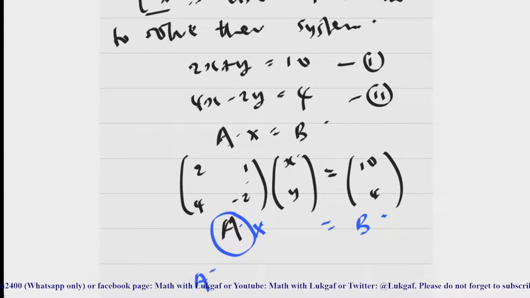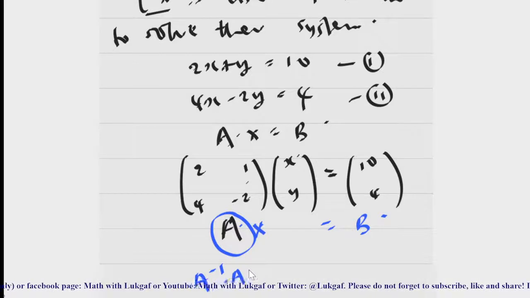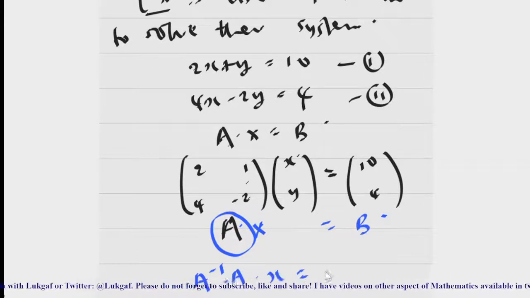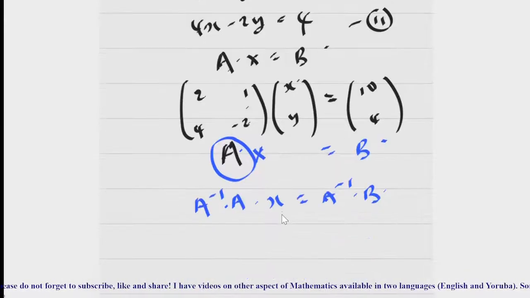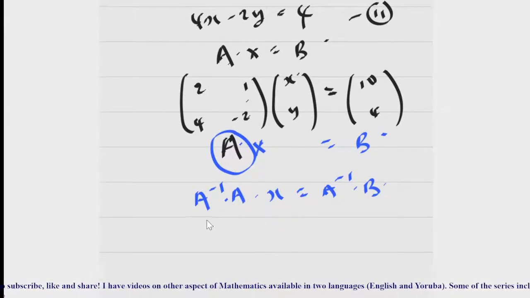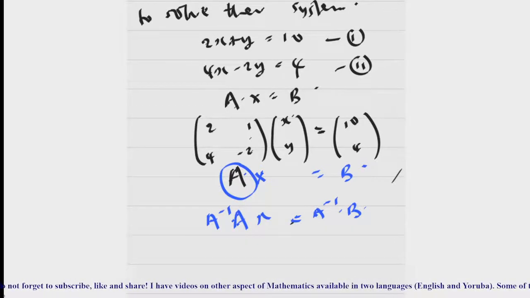The inverse of a matrix multiplied by the matrix itself gives you the identity matrix, and the identity matrix multiplied by X will give you X. So X is equal to A inverse multiplied by B. If you multiply A inverse by A, I'm going to have I, which is an identity matrix.